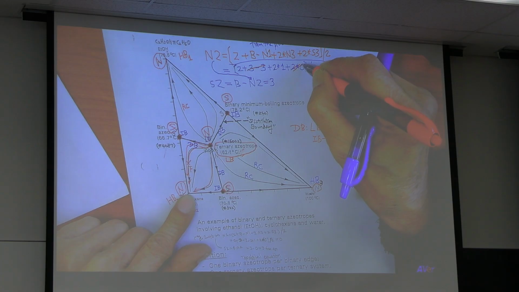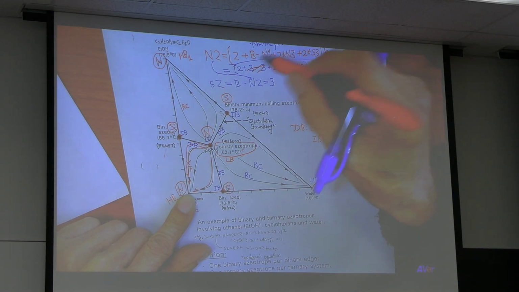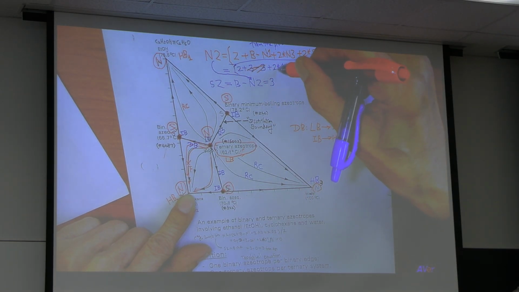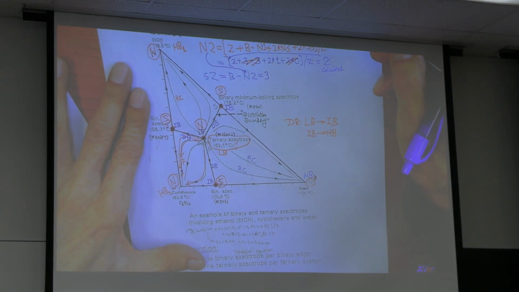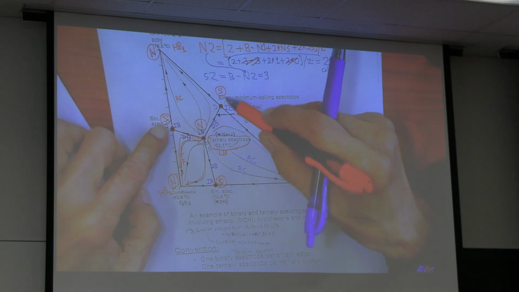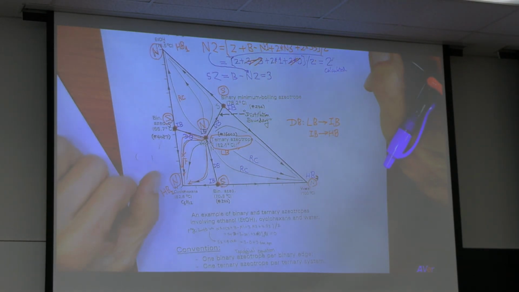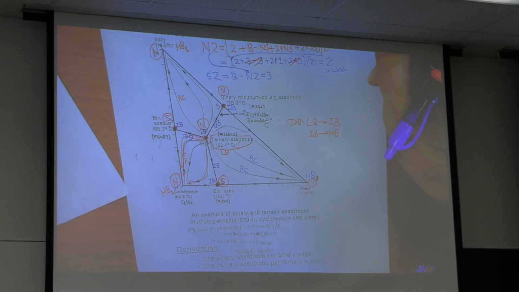This is 0. This is 0. 2 plus 2, 4. 4 divided by 2. But I got 3 saddles here. What's going on? Something wrong?